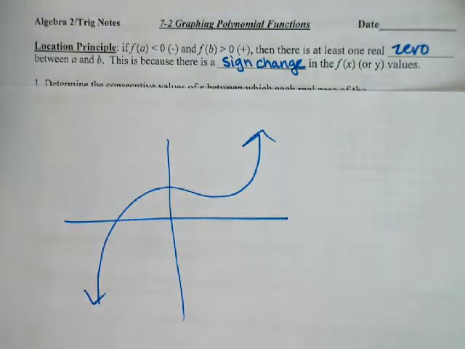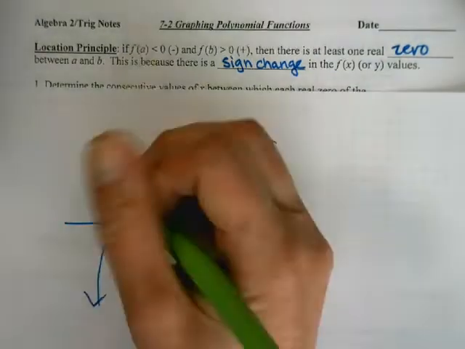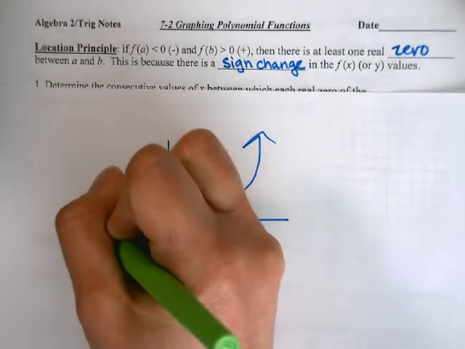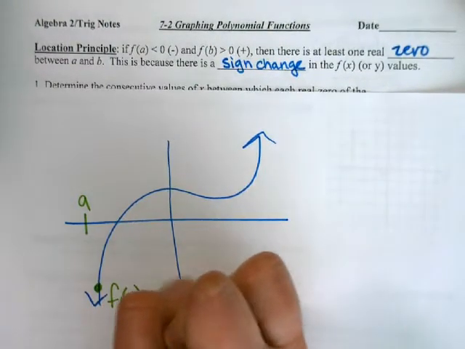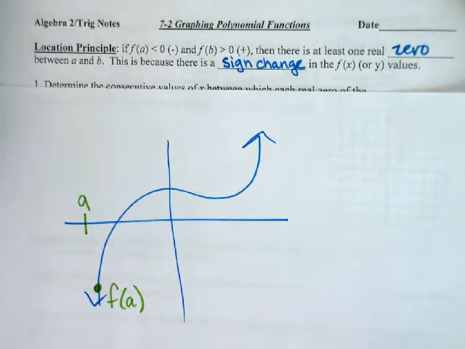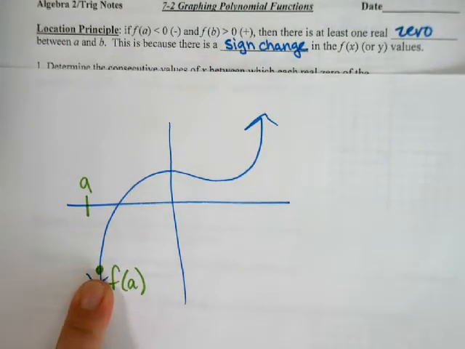What if it says right here, this guy right here, I'm going to say this point right here is A. So this here on my graph, I didn't draw it very well, is f of A, or my y value. Is that y value positive or negative? Negative, okay?